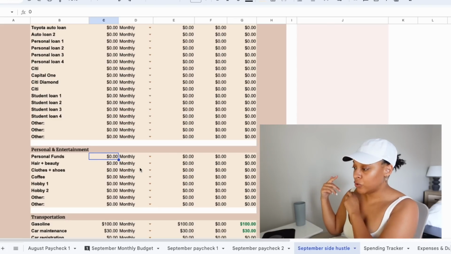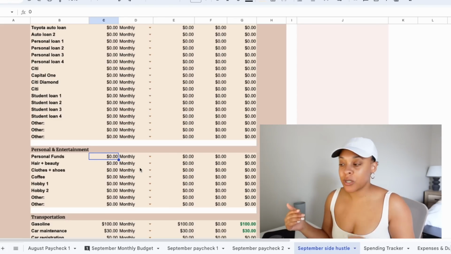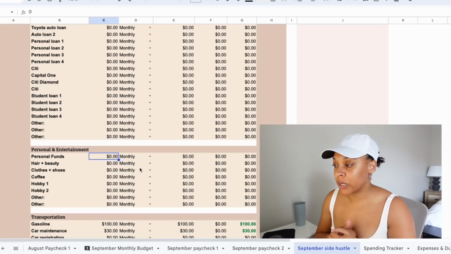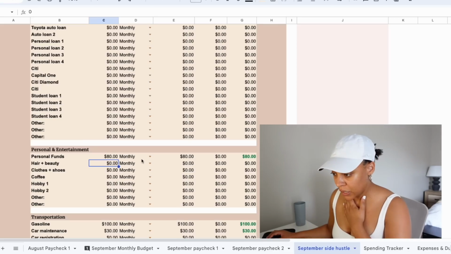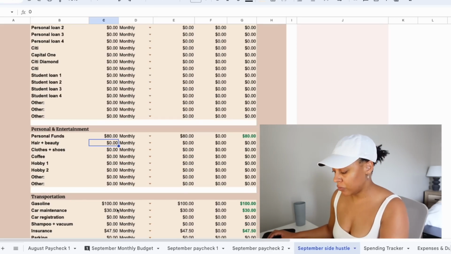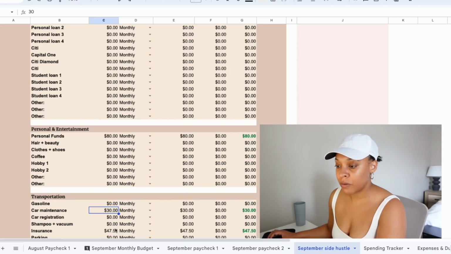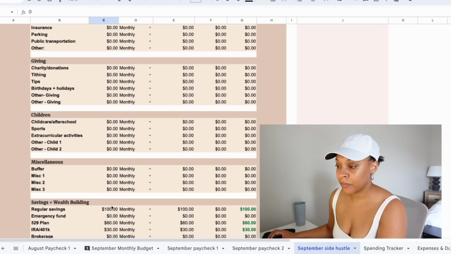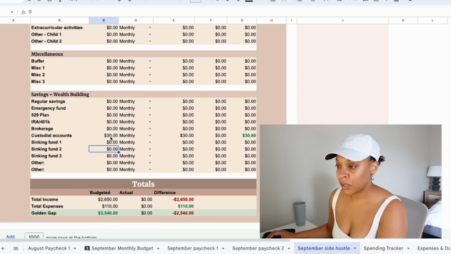Okay, so going over to this September side hustles budget, I know if I'm trying to budget $480 a month and I just have $400 for my 9 to 5, I'm going to need to add an additional $80. I don't need gas, car maintenance, or anything. And I don't need this.